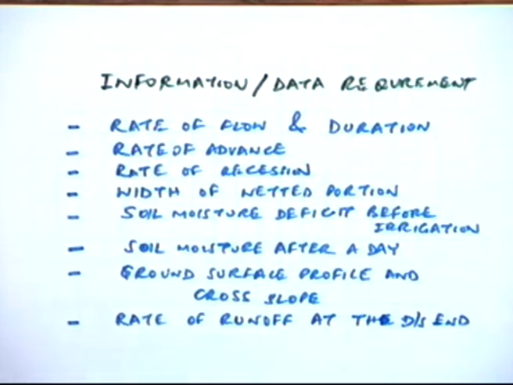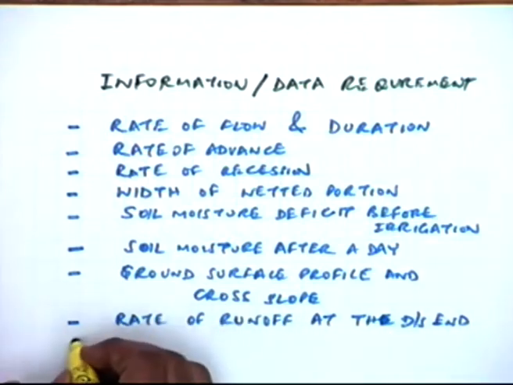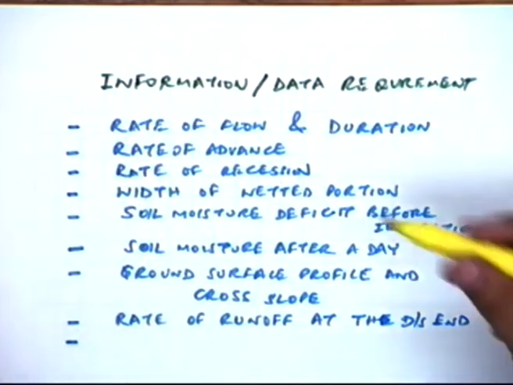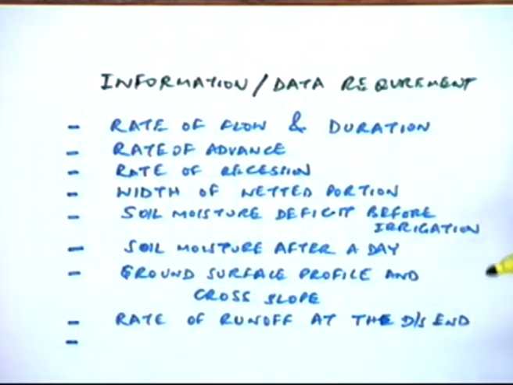The runoff which is going out of the border strip should also be known, or recorded. All these quantities which you are looking at, we will have to make observations about. So we are trying to look at the requirement in terms of the various quantities which might be required for our analysis.